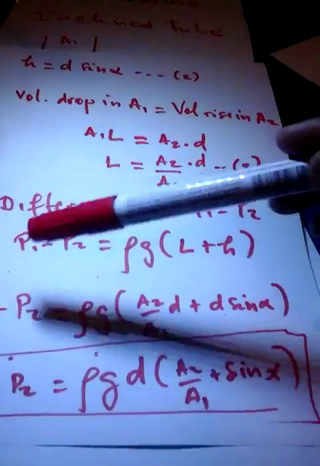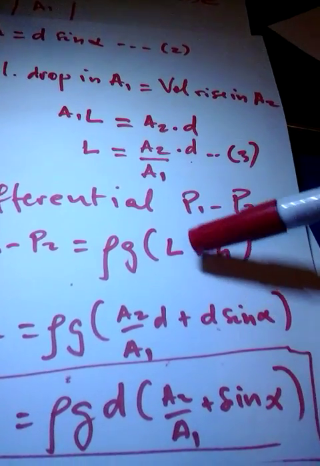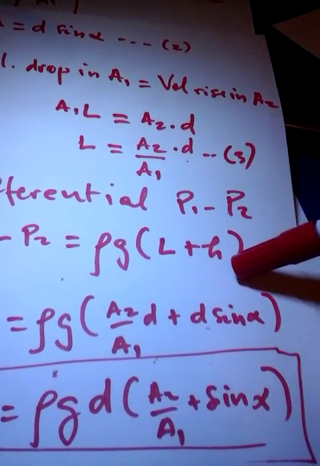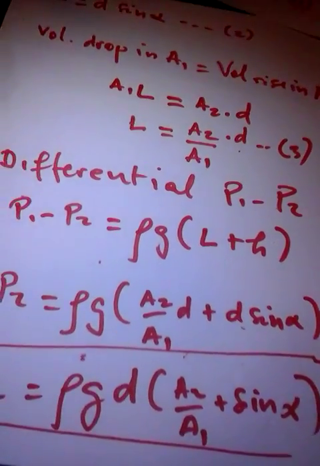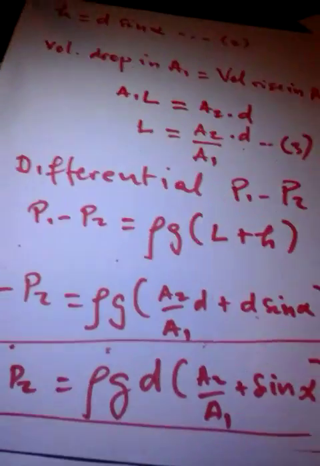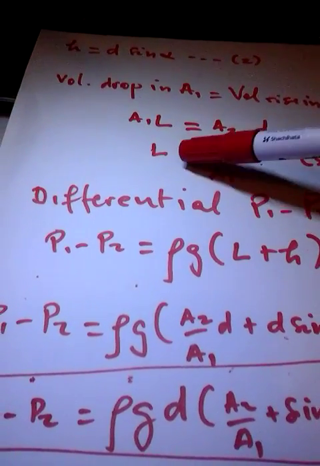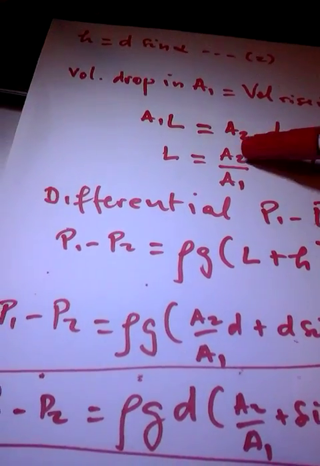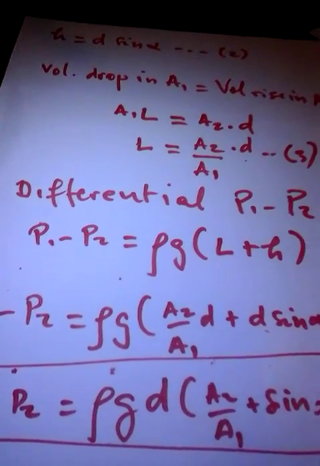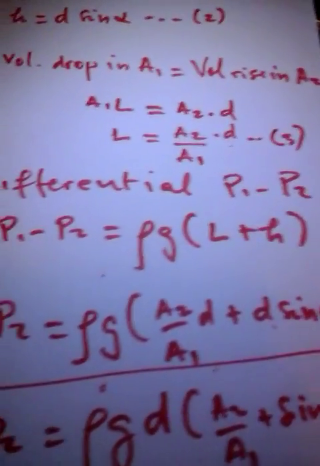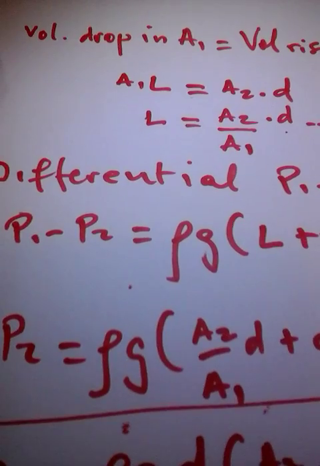From there we have, remember guys, now we can substitute L and H. If you go on top, we say that H is equal to D sine alpha, and L is area 2 over area 1 multiplied by D. So now we can just substitute in this equation.